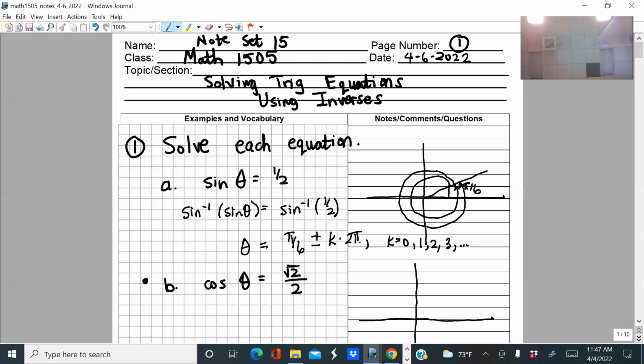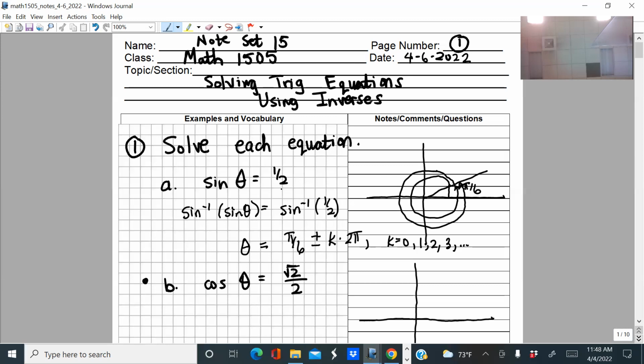However, guess what? That's not all of the solutions. There's another set of solutions also to this equation, and we can still find them pretty easily. Let me show you how to look. Again, you want to find an angle whose sine is 1/2.